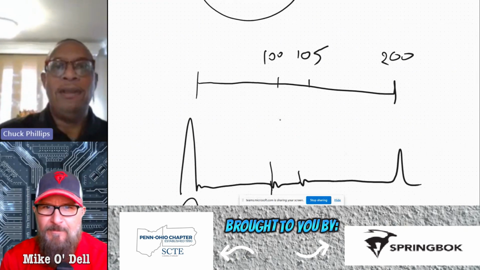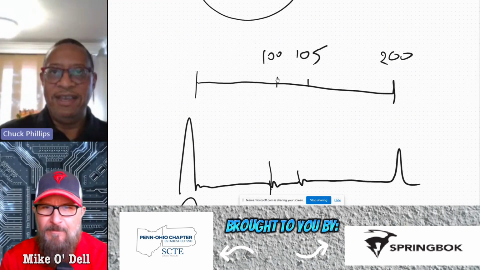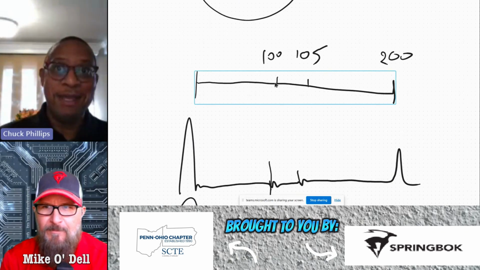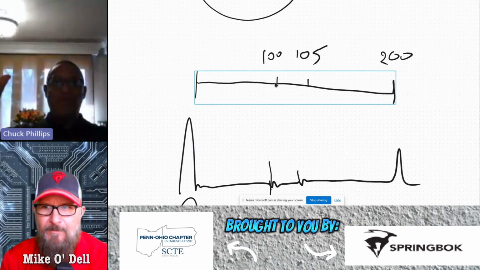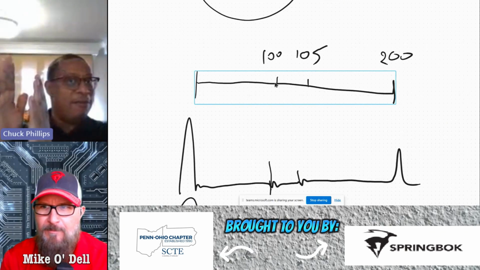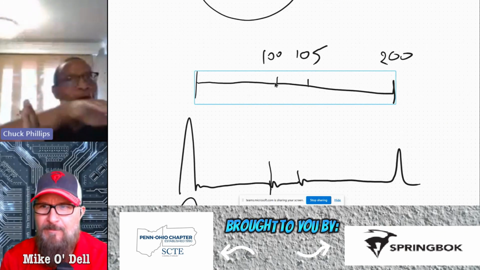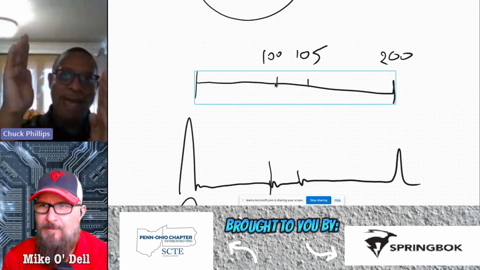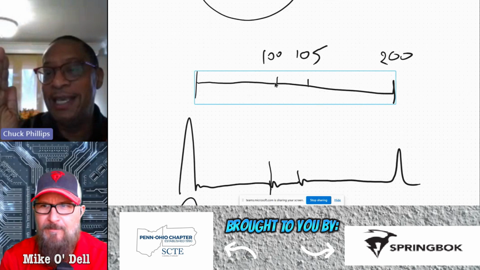By the time it got to this first event at 100 feet, it was right there where the TDR said it should be. But the problem is this wave is 50 feet, even though that second event was just 5 feet from the first. It was lost in that wave. It was this hill behind the mountain that you could not see.